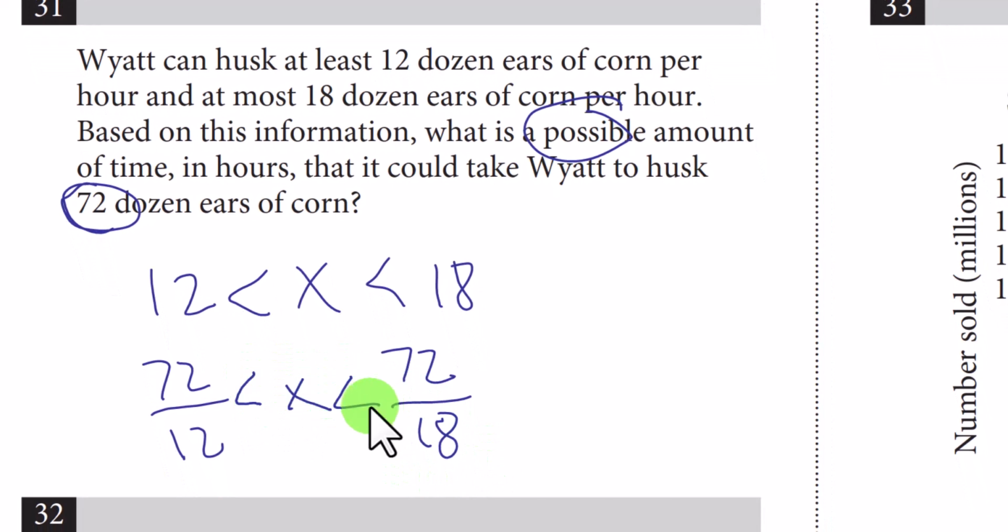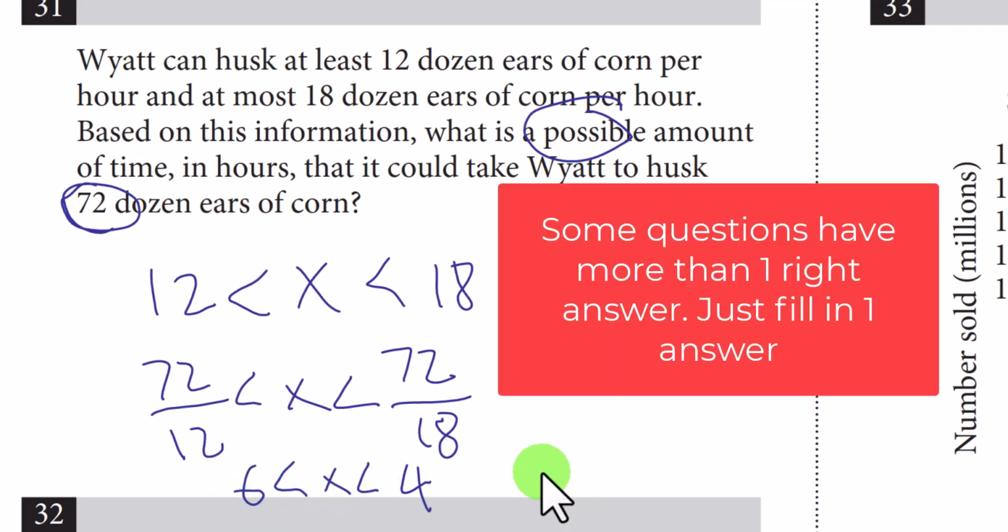So x is in between there. So 72 divided by 12, that's going to get you 6. And 72 divided by 18, that's going to get you 4. And I know I've got these little signs flipped around, but basically we're looking at between 6 and 4. So it could be 4, 5, or 6.